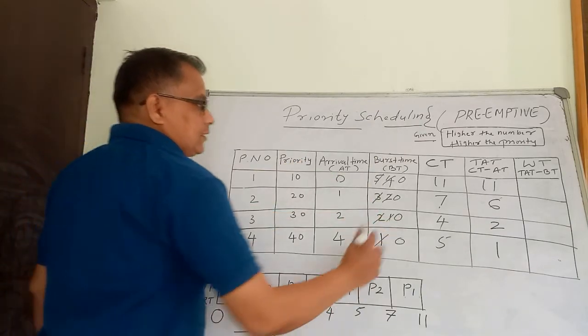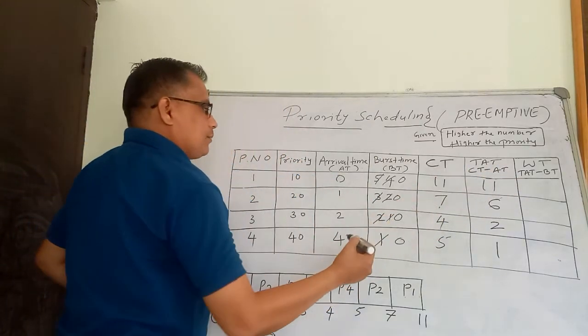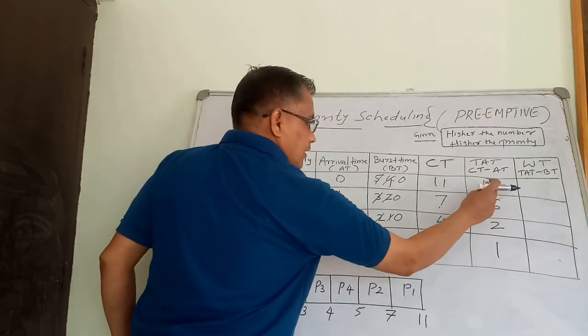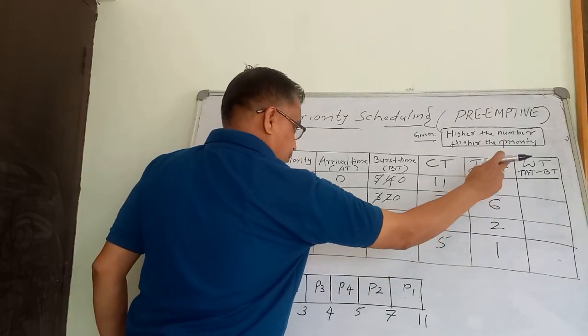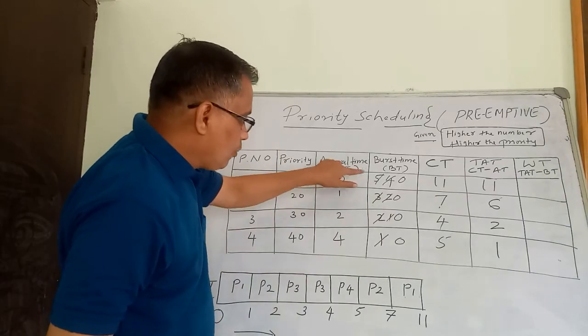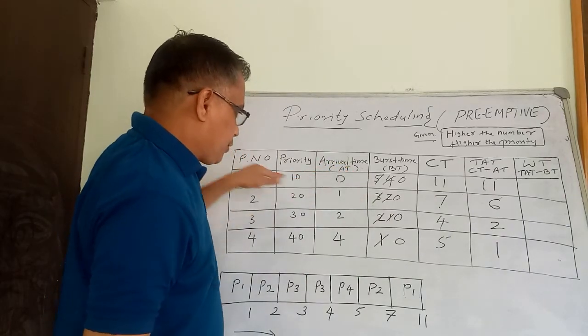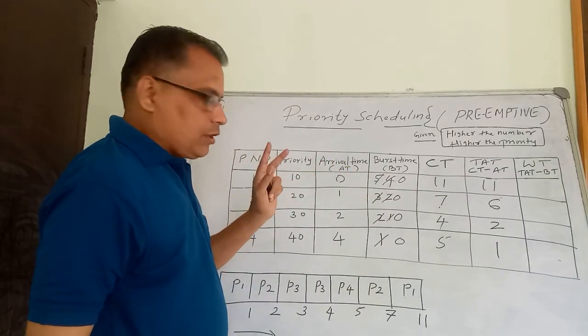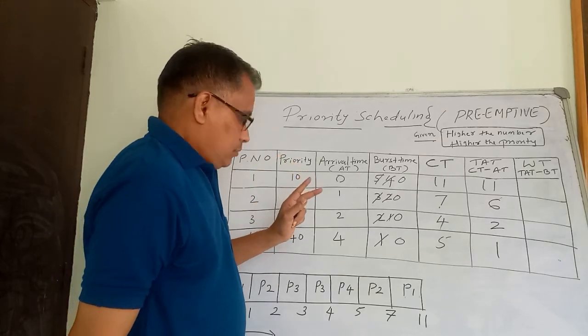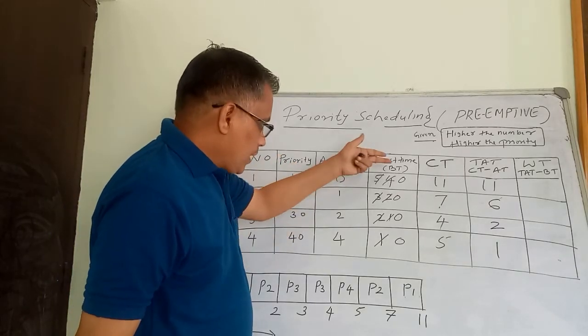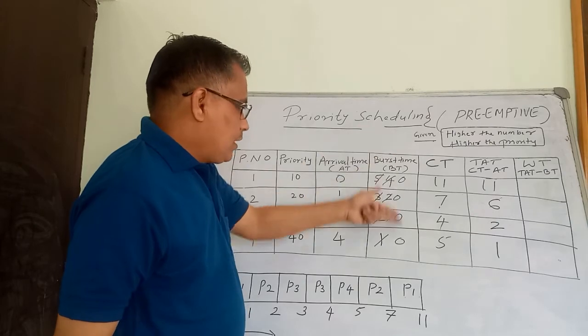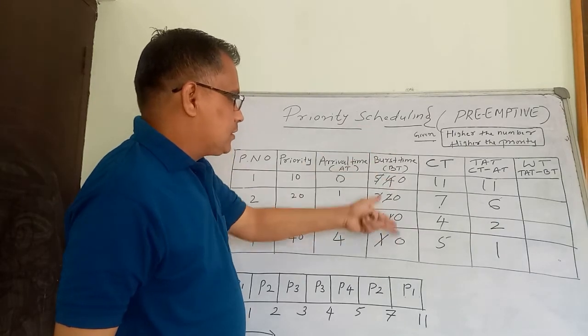Waiting time is turnaround time minus burst time. So here turnaround time is 11 for process 1. For burst time, you have to consider the original burst time of each process. You should not get confused and write the updated or latest burst time.